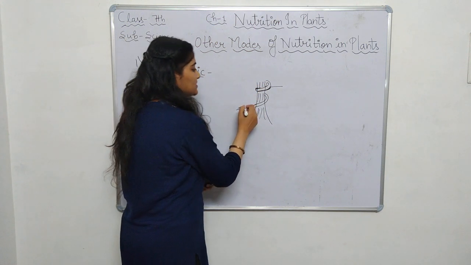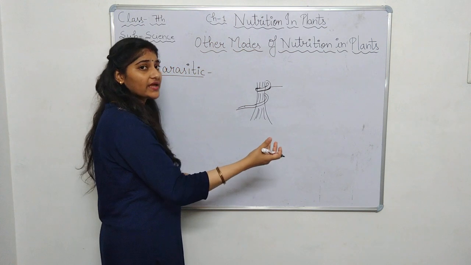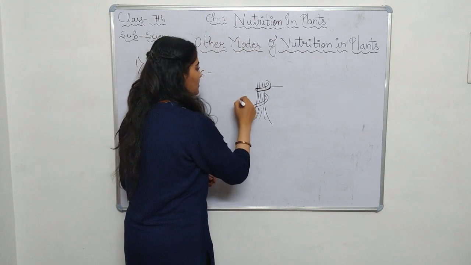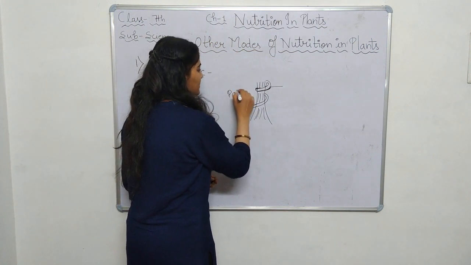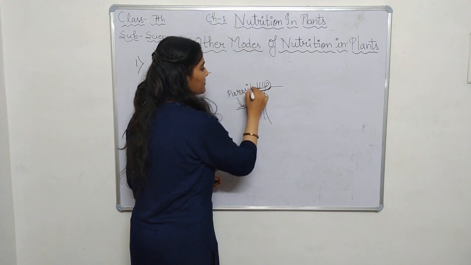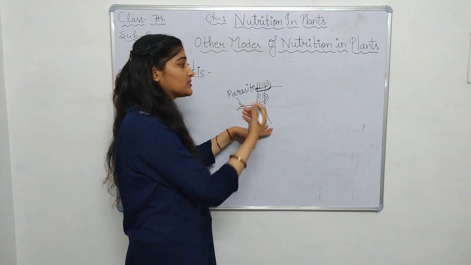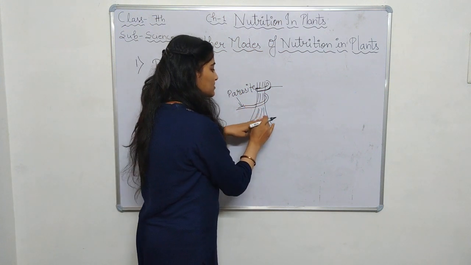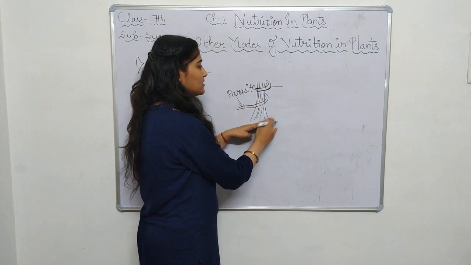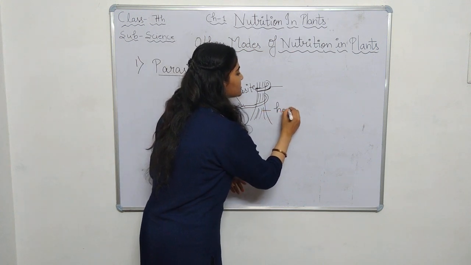So, this plant which is going to take the nutrition is called a parasite. And the plant from which it is going to take the food, that means the green plant, is known as its host.